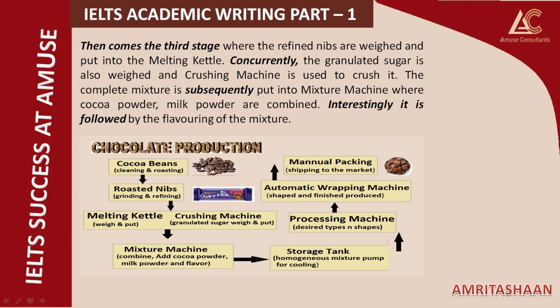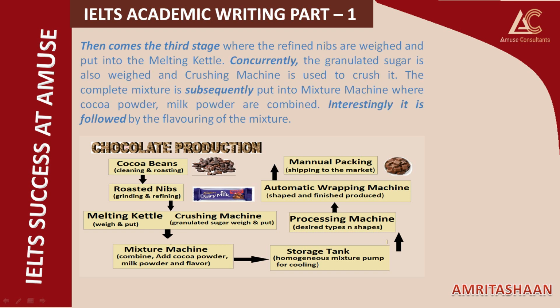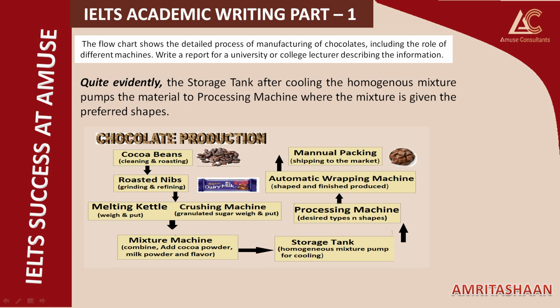They are put into the mixture machine, and it also goes for flavoring, which I have written. Interestingly, it is followed by the flavoring of the mixture. Let's see how the things go here.